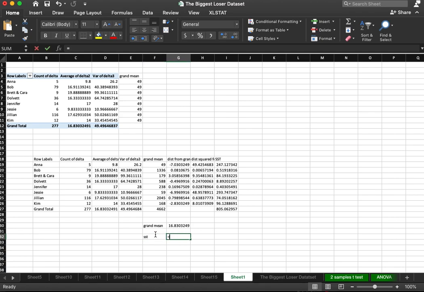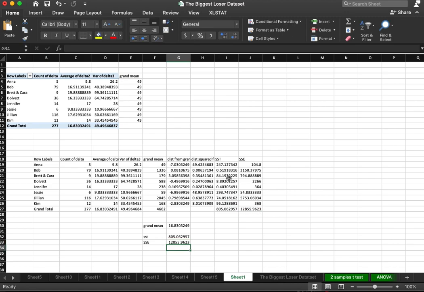SST equals this number. Now for my SSE, that is equal to my count minus 1, that's very important, times the variance. All the way down, bring this over. So SSE is equal to this.